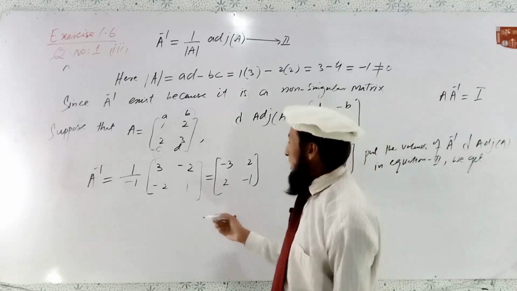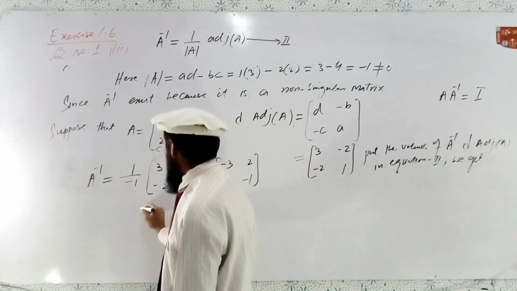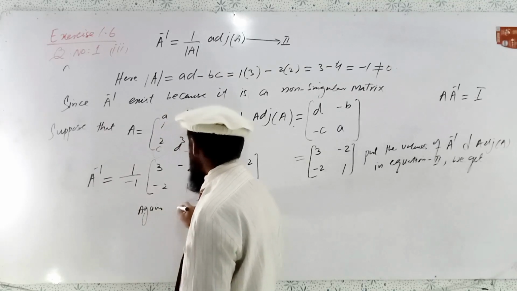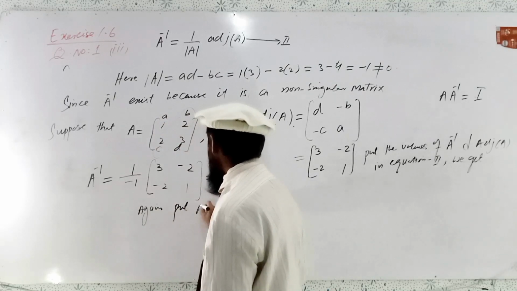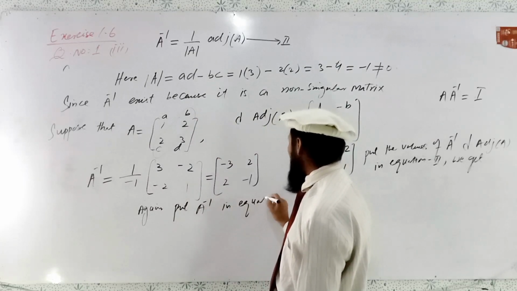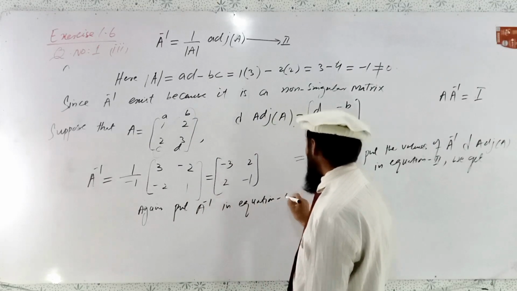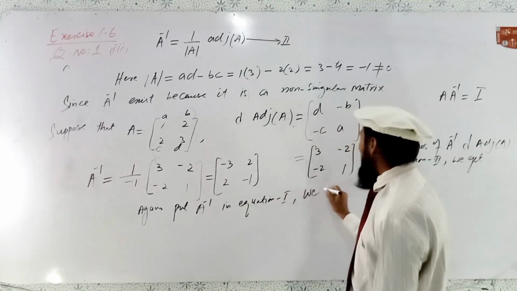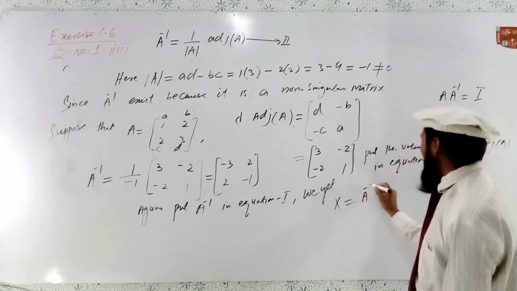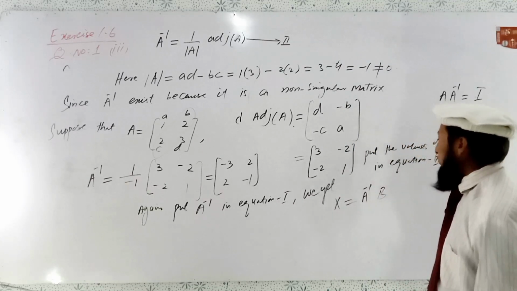Again we put this result, A inverse, in equation number 1. We get X is equal to A inverse B. This is the first equation.